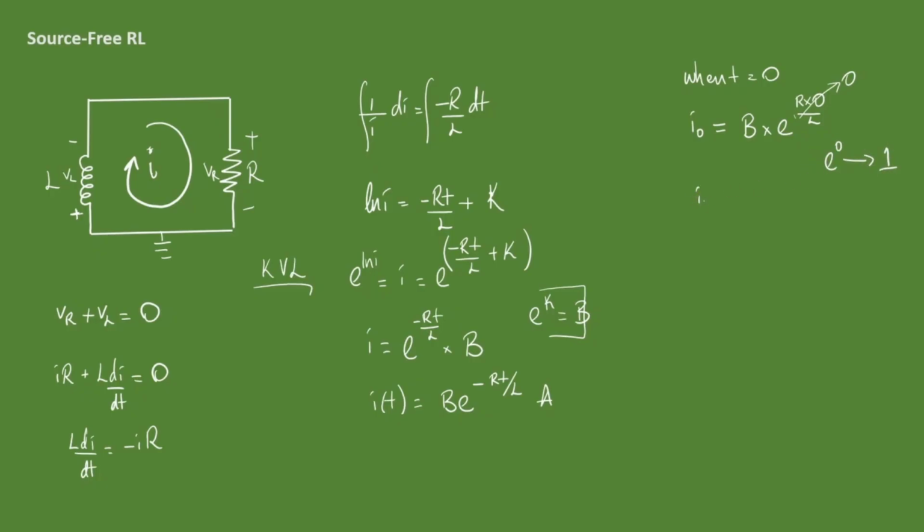So I naught becomes b, and we can throw this back into our main equation and end up with our final expression for I of t. So I of t is I naught e to the minus RT over L amps.